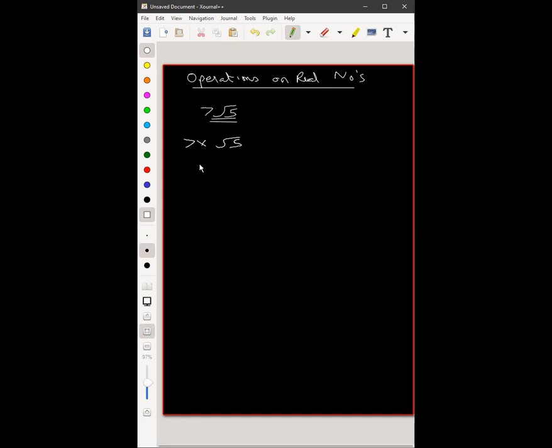Now you know the value of √5 is approximately 2.236..., non-terminating, non-recurring, so this is an irrational number. So 7 into √5 will be 7 into this value, which would be 15.652..., which is again an irrational number, because this also gives you a non-terminating, non-recurring number.